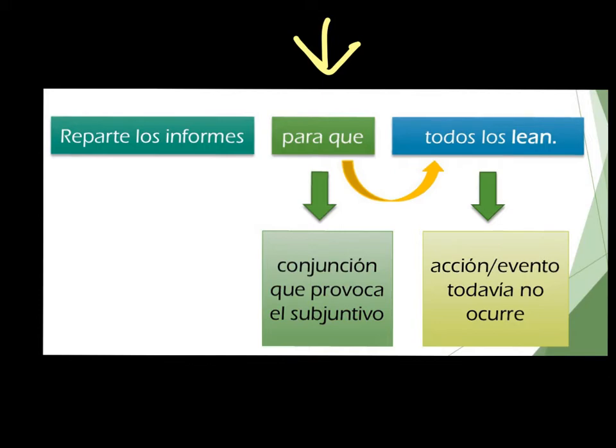So we have reparte in the indicative, and we have leer in the subjunctive. So para que, the conjunction para que, is a sort of subjunctive trigger. It will tell you, yes, in the following sentence, I'm going to conjugate the verb in the subjunctive.